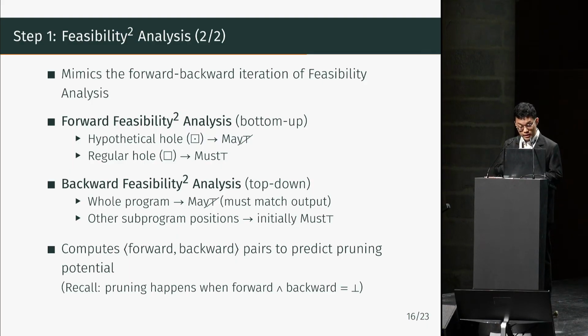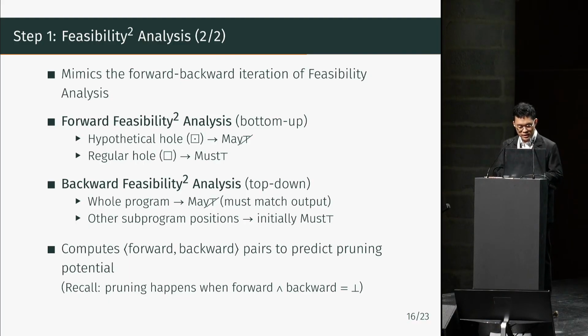Forward feasibility square analysis mimics forward feasibility analysis. A hypothetical hole means something is filled, so it will be constant, so we result in may not have. And a regular hole means nothing is filled yet, so feasibility analysis will analyze this as top, so feasibility square analysis will analyze this as must have.